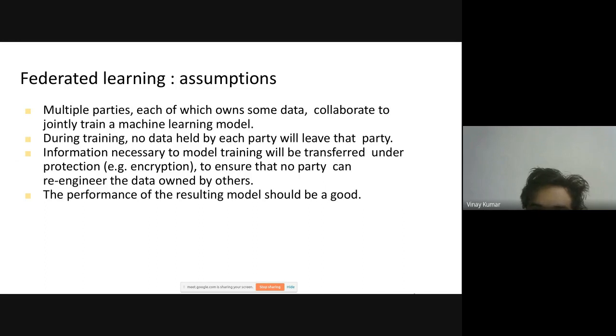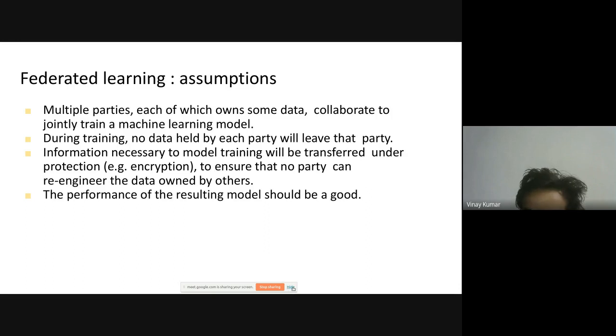So we will start with the basic assumptions about federated learning. There are four assumptions that we will have right now.